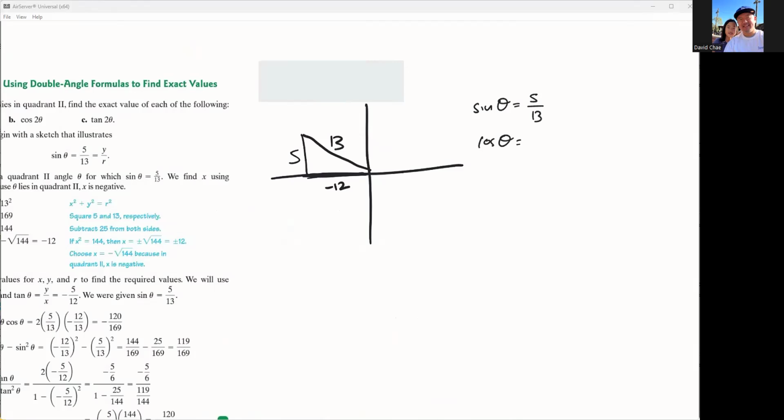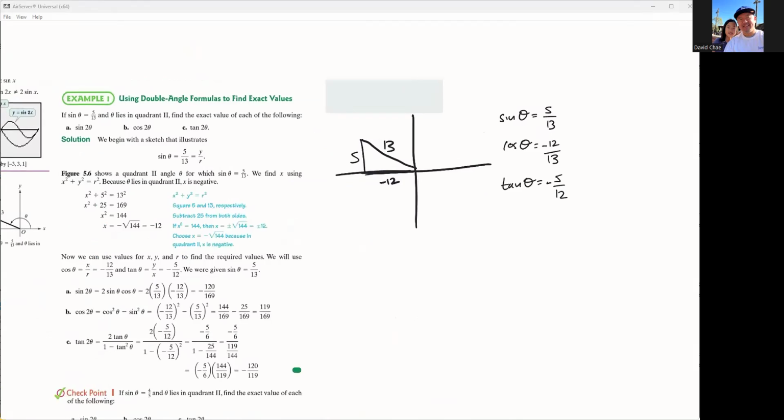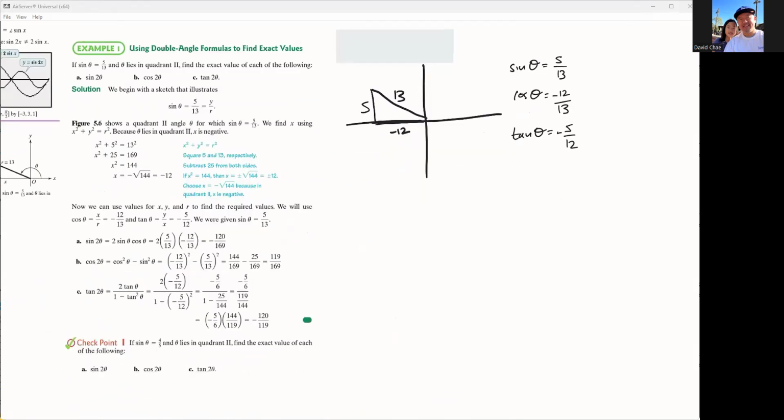Nope, that's 12 over 13, so -12/13, right? Tangent theta is what? So -5/12. Good. And then the cosecant, all that stuff is just flip it over and everything, right?